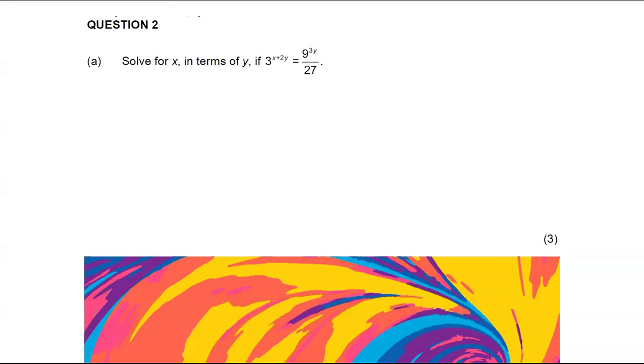And I did specify in the previous video, when you're asked to solve for x in terms of y, you know that your solution will have y in it, but we're dealing with exponents here. I did explain that we don't have a choice but to make sure that we have same bases on both sides.